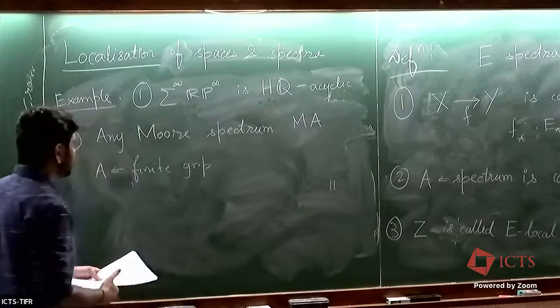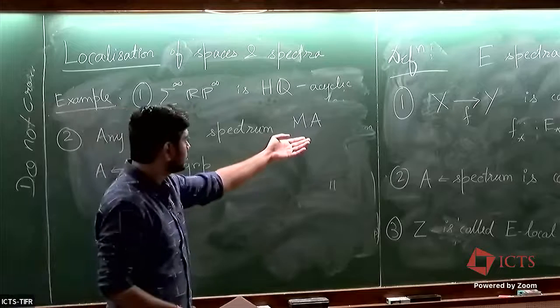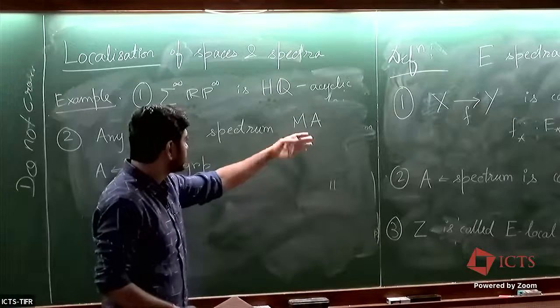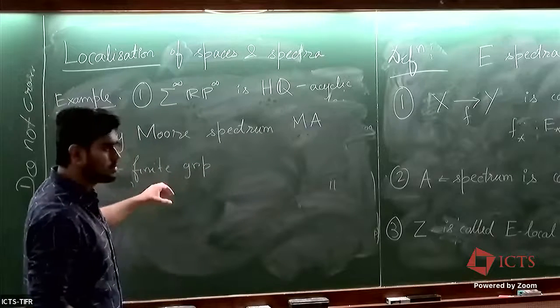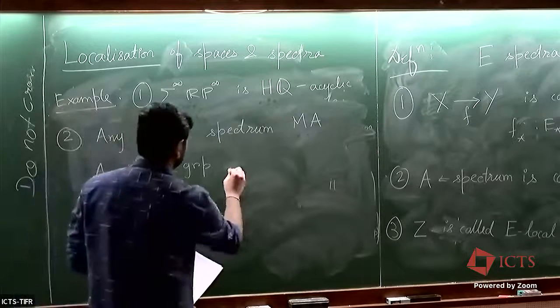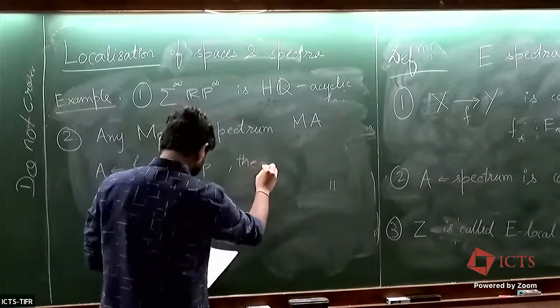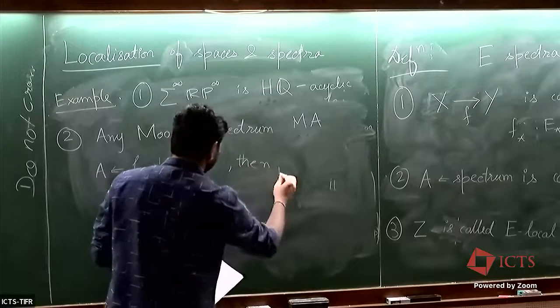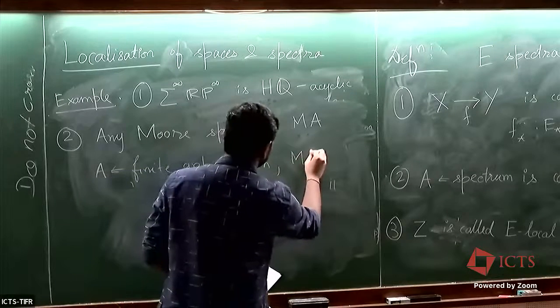In particular, that means the homology of MA is the same as A at 0 and 0 otherwise. Then these are also HQ acyclic.